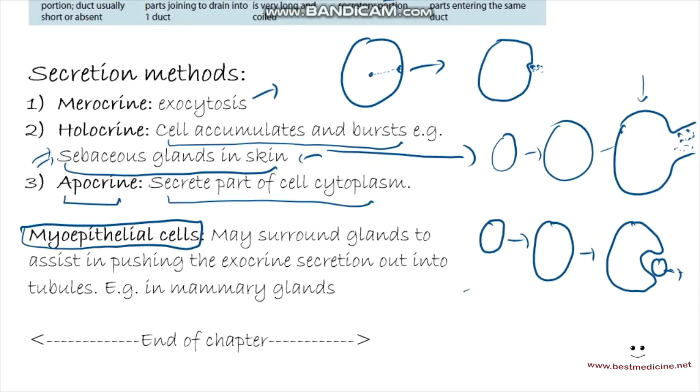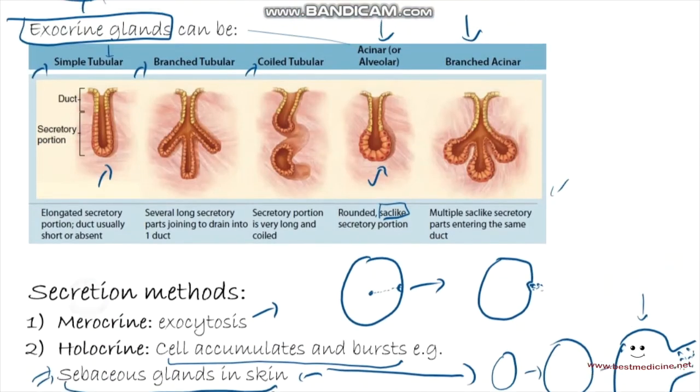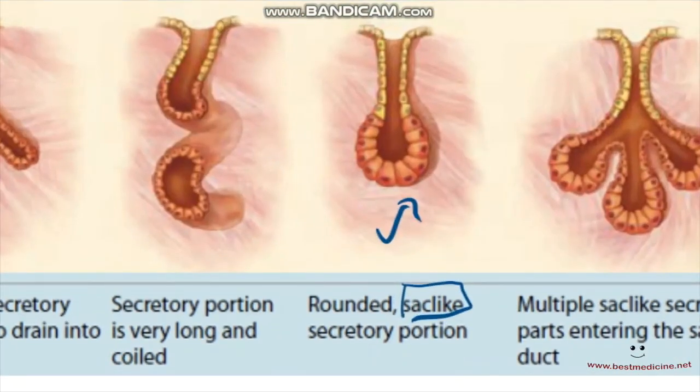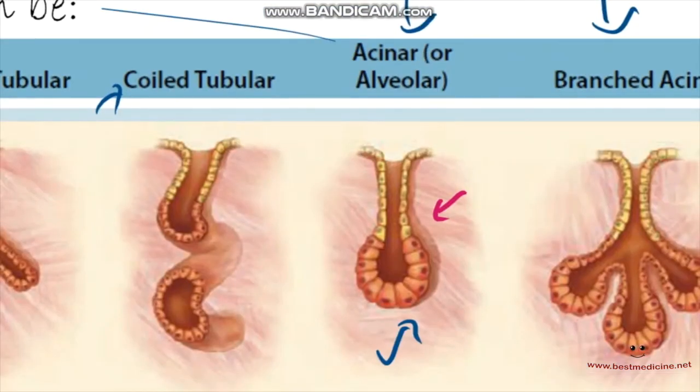They are very flat, like this, and they are usually stained red. They're usually present outside the gland cells, and what they do is, here we have a gland. Let's work with this one. So here we have this gland, which is an acinar gland, and we have a myoepithelial cell here.